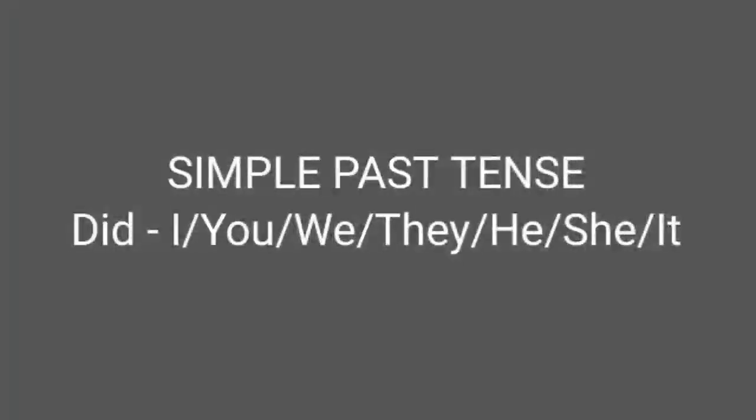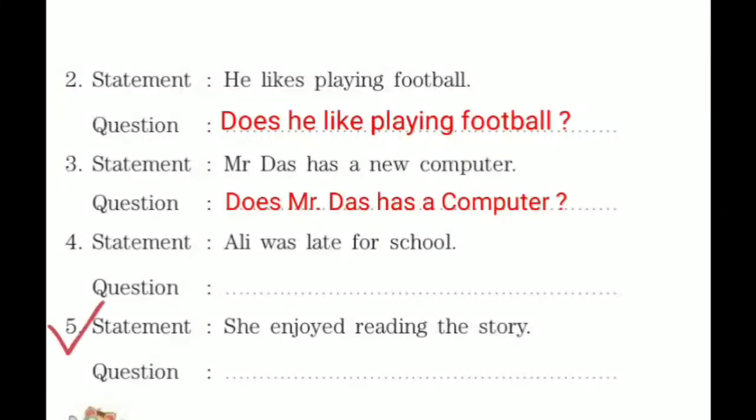Did is used for framing questions in simple past tense with all: I, you, we, they, he, she, it. But we have to change the verb from past to present form. For example, she enjoyed reading the story.